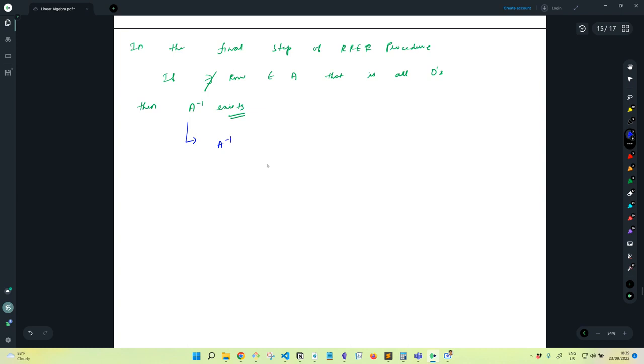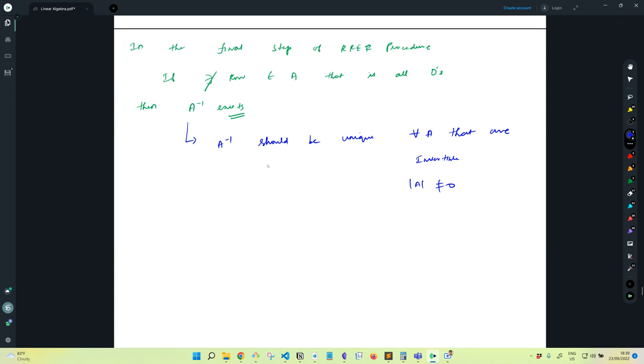Now we just saw that if A inverse exists, then A inverse should be unique for all A that are invertible. And what do we mean by invertible? Basically, the determinant of A should not be equal to zero. Sorry, not greater than zero.